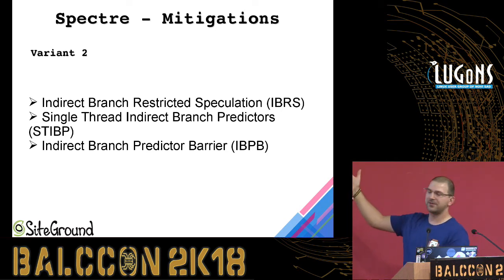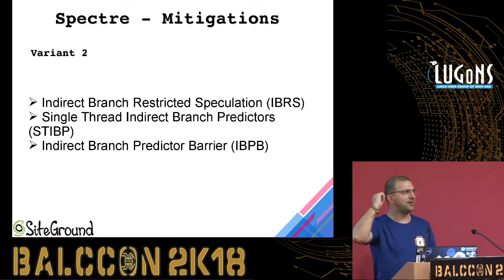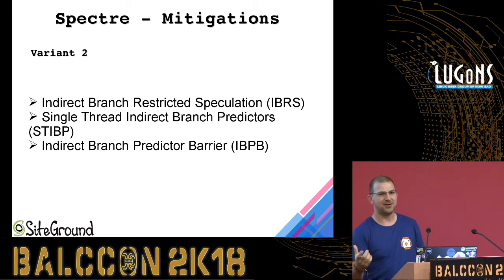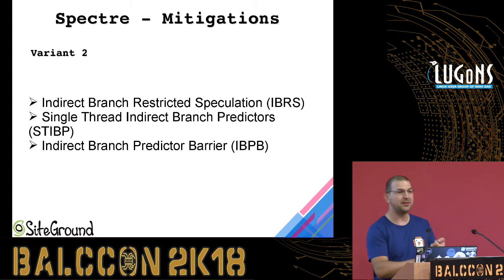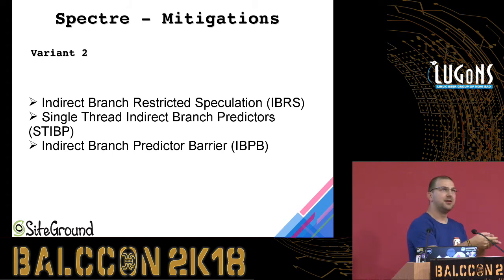So all three of these are removing performance improvements in your CPUs that were hard to get, and you're actually moving backwards with the CPU architecture if you're introducing any of these inside your CPU, because the performance will drop. If you're using only indirect branch restricted speculation, you're limiting the branch predictor to this core.